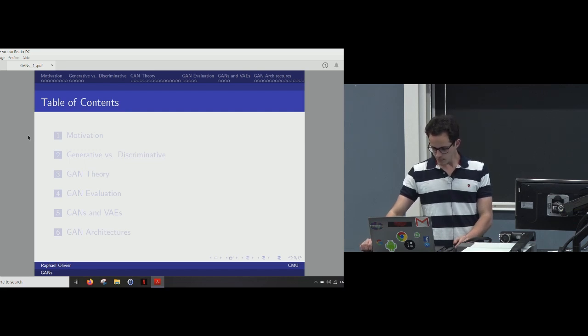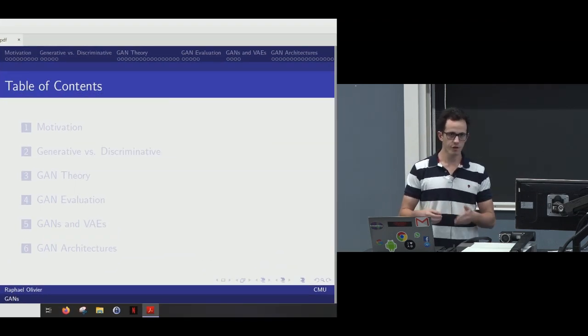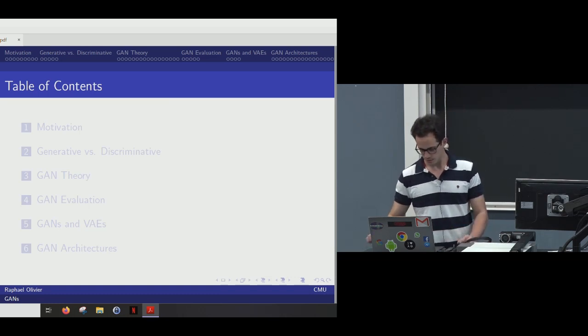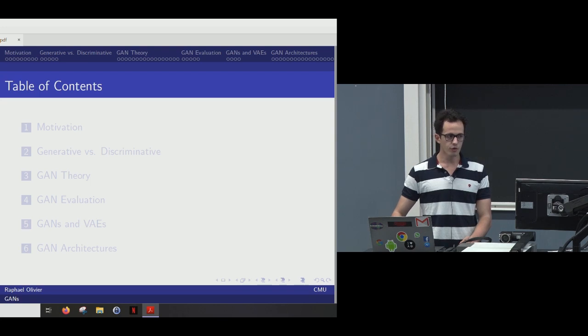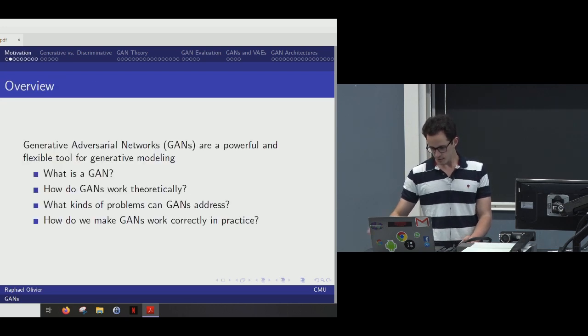And we're going to go over a bunch of architectures revolving around GANs that can do some specific stuff or that improve on the original GAN a little bit. All of those might be useful for most of your course projects, I think, so that's at least one good reason to pay attention. So what are GANs? Generally speaking, they are a tool for generative modeling.